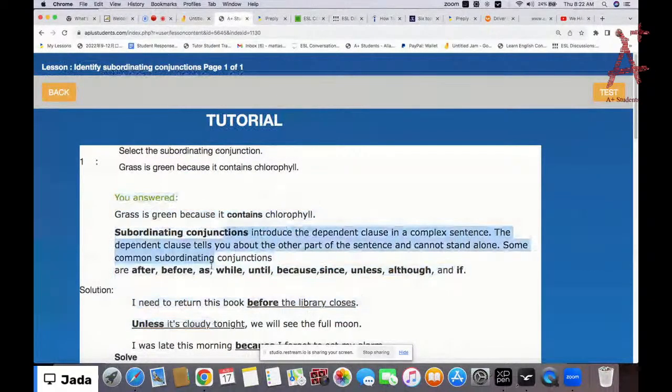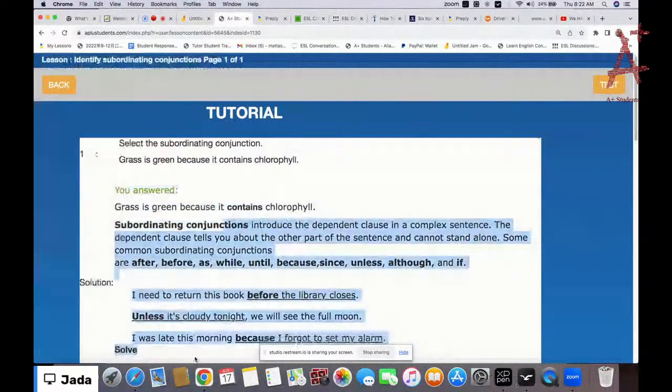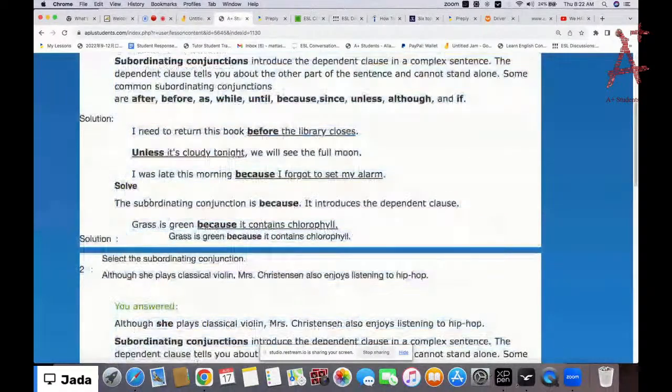All right, now let's move down. The subordinating conjunction is because, and it introduces the dependent clause. Most subordinating conjunctions always introduce the dependent clause. So grass is green because it contains chlorophyll.